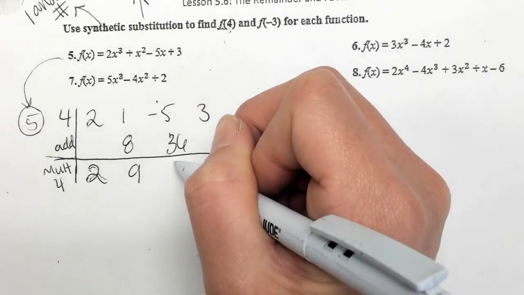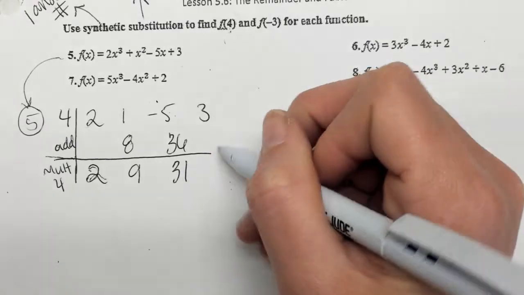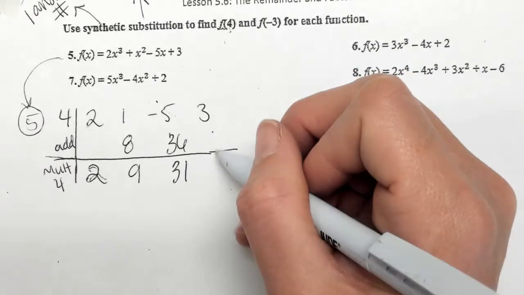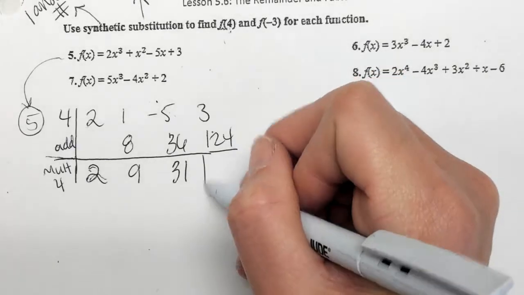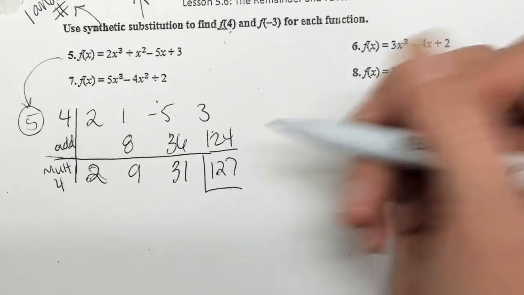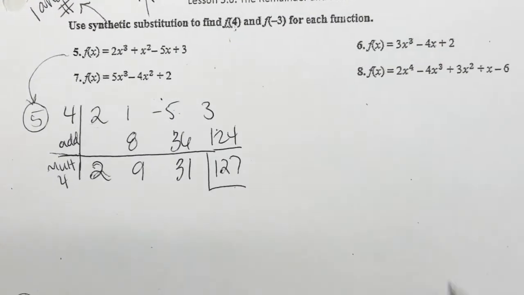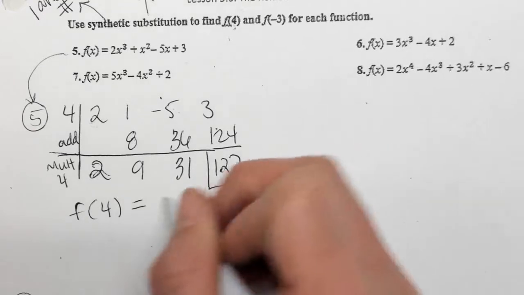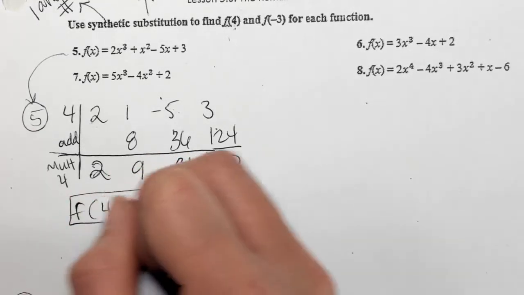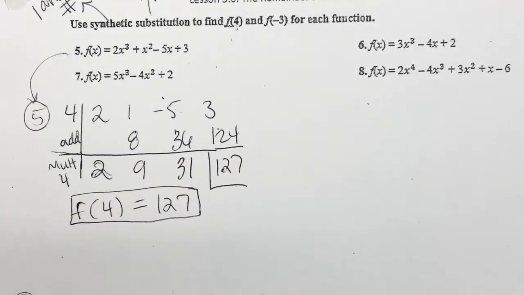Here? Here? Good. What's our remainder? 127. So that means our answer is 127, the remainder. The way you write it is f of 4 equals 127. We just used synthetic substitution.